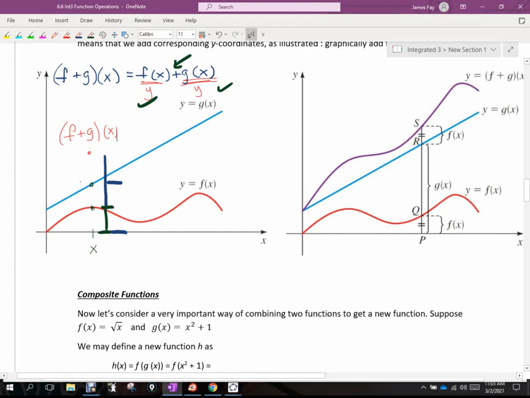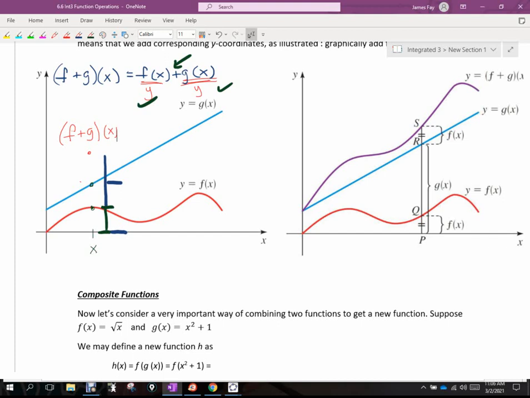All we're doing is grabbing a y value off of the red function, grabbing a y value off the blue function, adding them together, and then plotting that y value at the x that we chose.